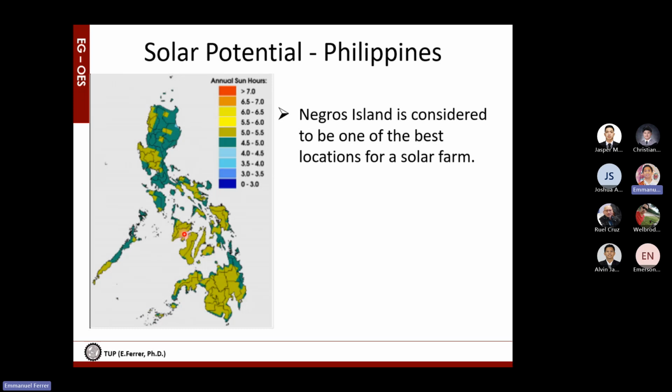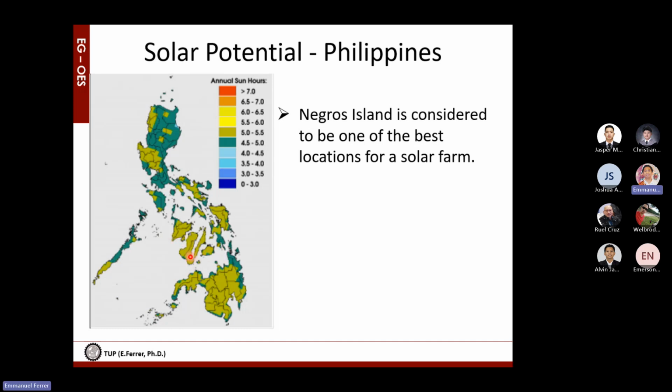Magandang locations for installation of solar farm. We are yet to see solar concentrators later on. I will show you. But so far kasi ang well-established technology is photovoltaic, not the concentrators.